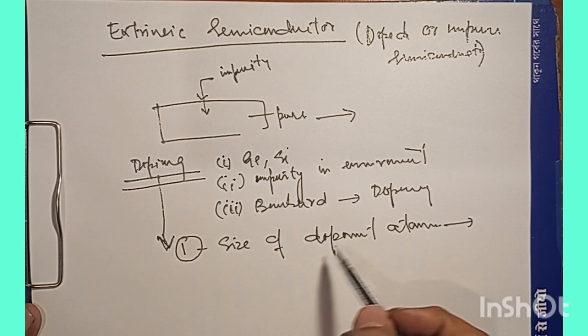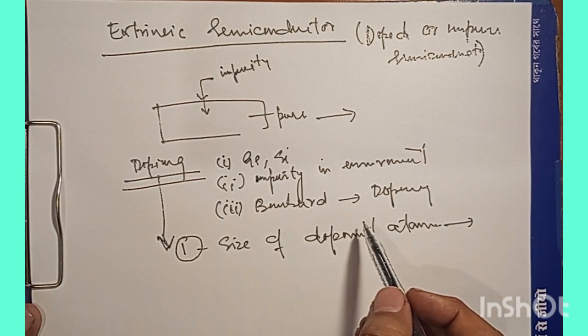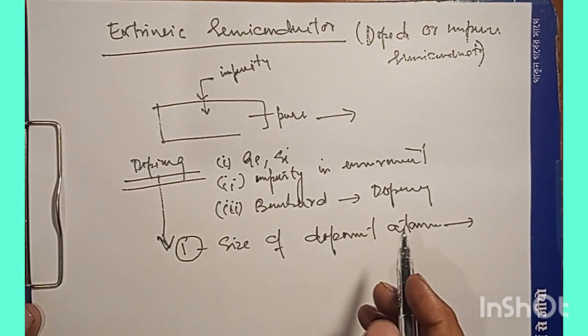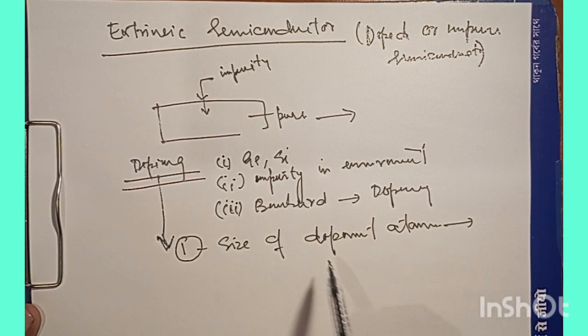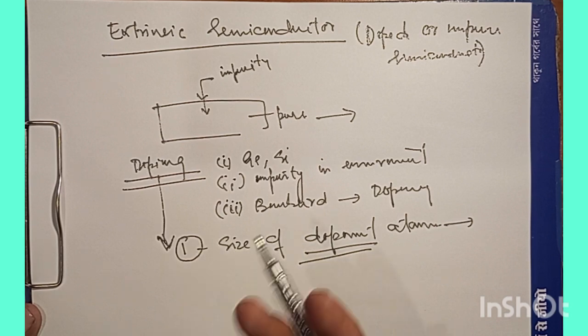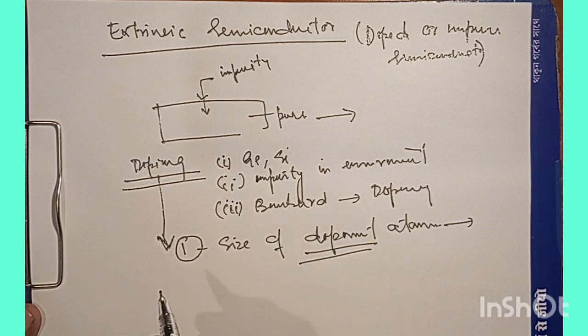So we cannot use a dopant of any size in a semiconductor. The dopant has to have a size which is very much comparable to the size of atoms that are there in the parent semiconductor material.